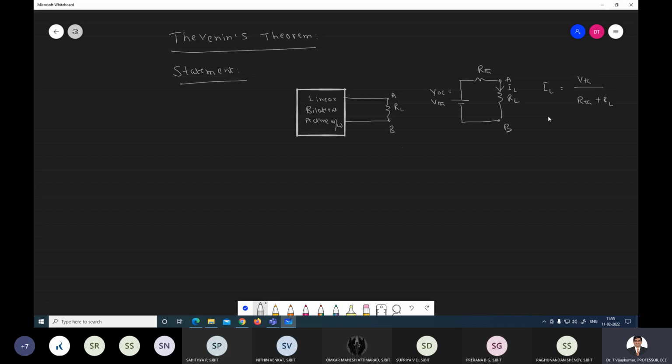That means if it is a voltage source, short it. If it is a current source, open it. Calculate the equivalent resistance. That equivalent resistance itself is the Thevenin resistance.